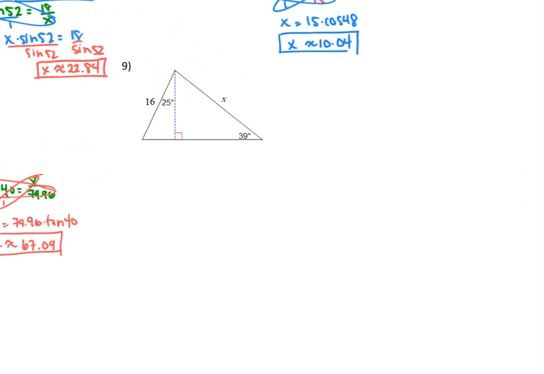Okay, so for number 9, we're going to do the same thing. We're first going to solve for this shared side, which I'm going to call y. So using 25 as my reference angle, 16 is my hypotenuse, y is my adjacent, and this side's the opposite side. So I'm solving for the adjacent. I have the hypotenuse, so I'm going to use cosine.